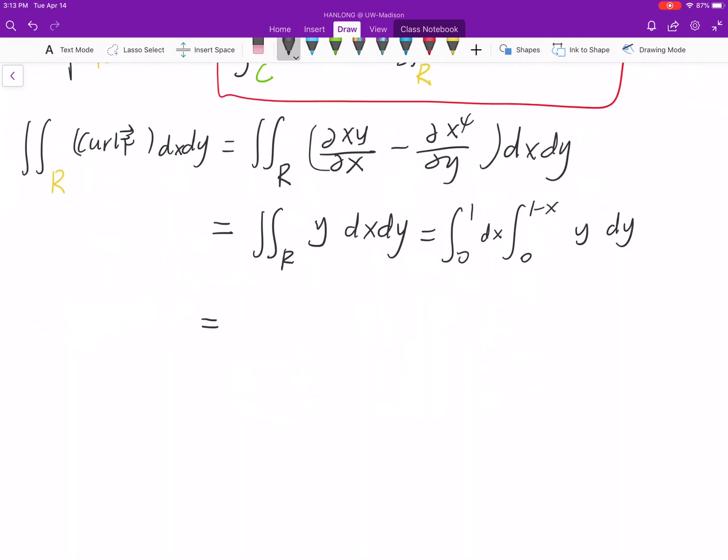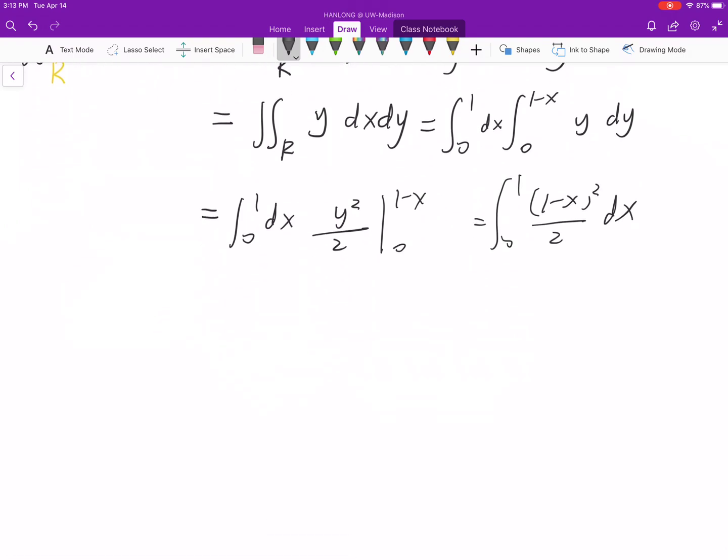So this is the integral from 0 to 1 dx of y squared over 2 from 0 to 1 minus x. So 1 minus x squared over 2 integrated with respect to x. So x minus 1 cubed over 6 from 0 to 1, and then you have 1 over 6.